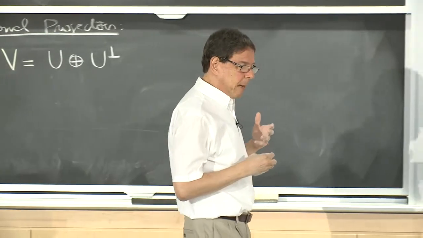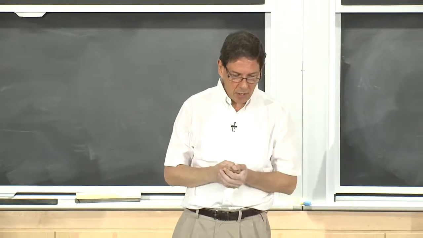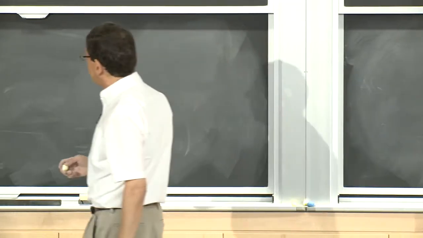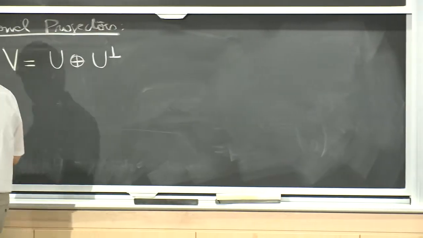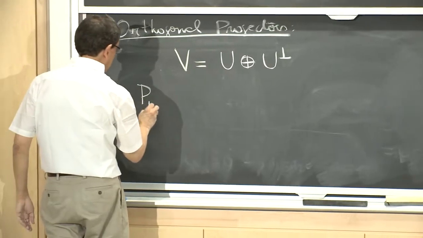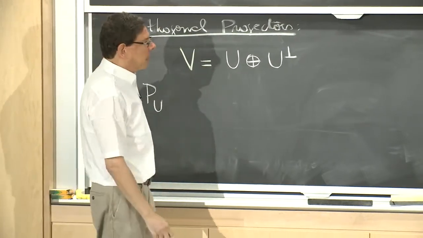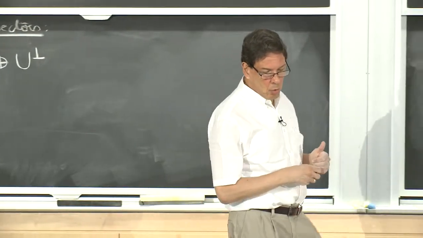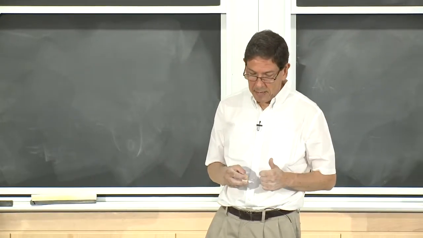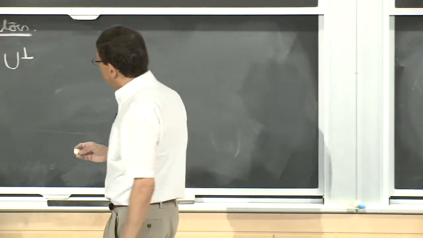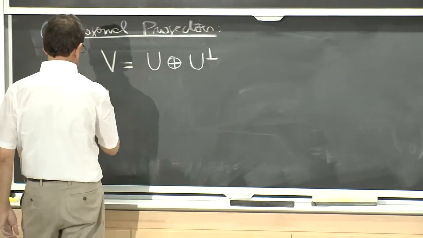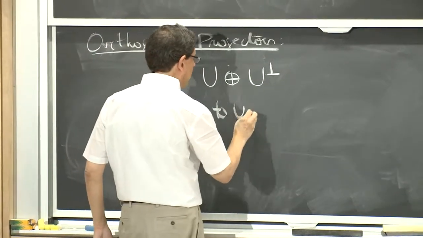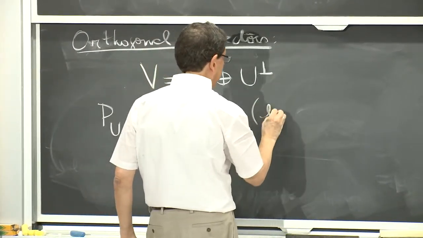This is going to be an operator P for projector, and we will put a U because it projects into U. So this will be the name, P U. This will be a projector that projects to U, and it's, of course, a linear operator.